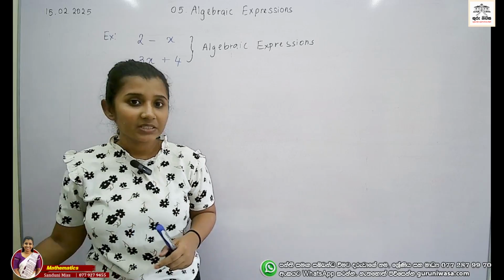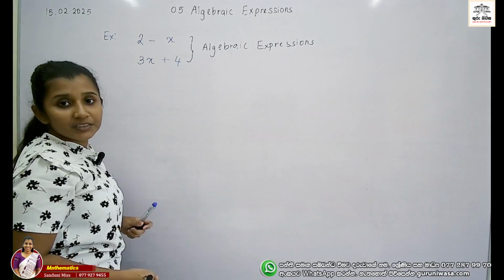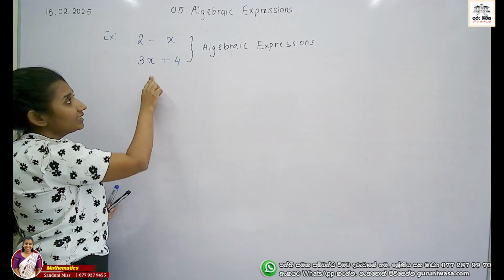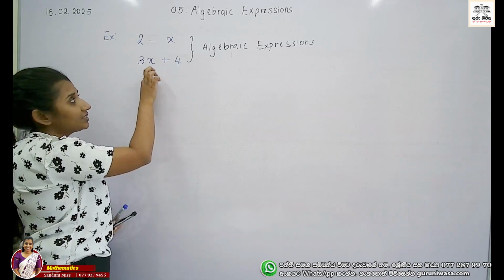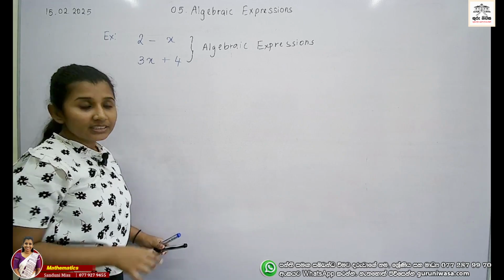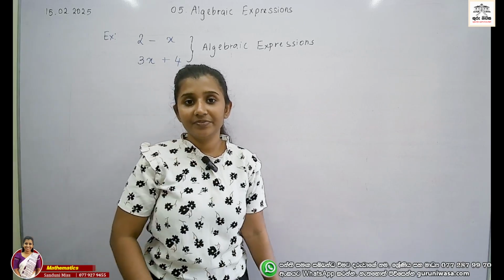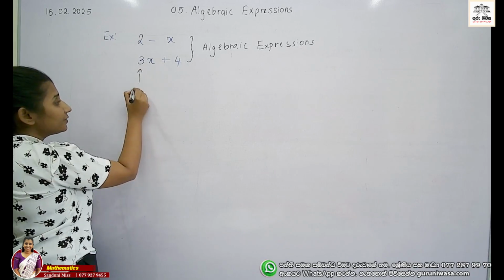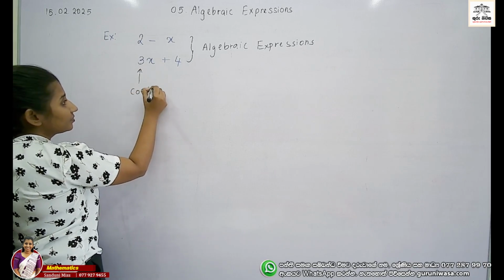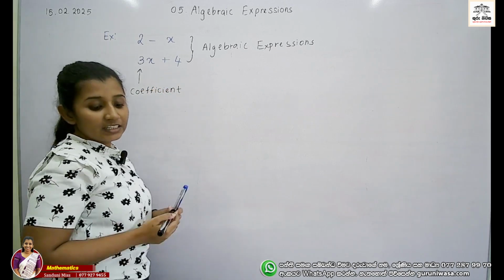Can you see this one? x plus 4. x is the unknown term or the algebraic term, right? Here x is the unknown term. In front of the unknown there is a value. So we call it the coefficient.